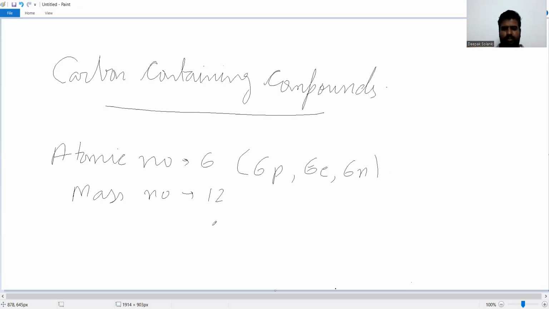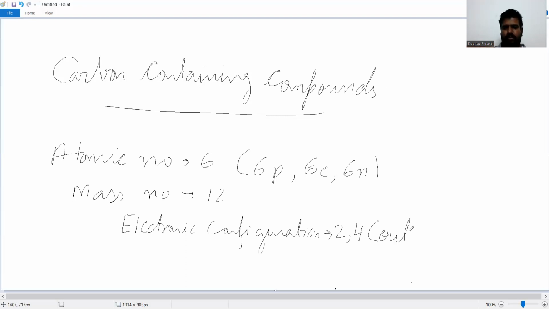Okay, friends. If we want to see the electronic configuration of carbon, which will be according to atomic number, its electronic configuration would be 2 and 4. There are 4 electrons present in the outermost shell.